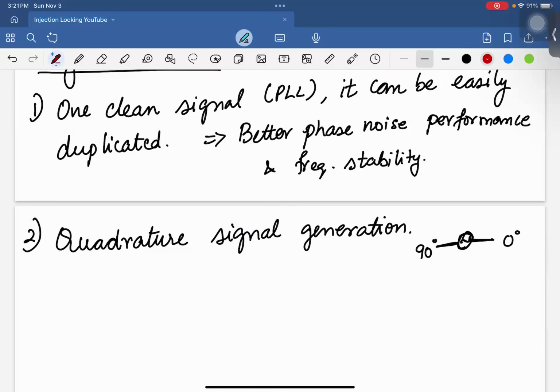And we'll show later that you can use that. Instead of injection locking, you can take two signals and inject their oscillation signals into each other using something called anti-phase coupling. And we'll see what exactly this is. If you do this, then these two oscillators will now oscillate at the same frequency, but in phase quadrature.